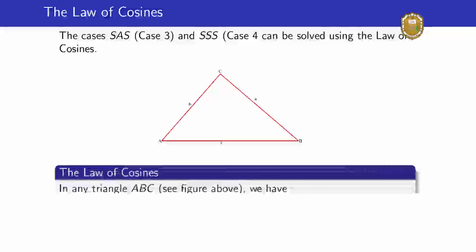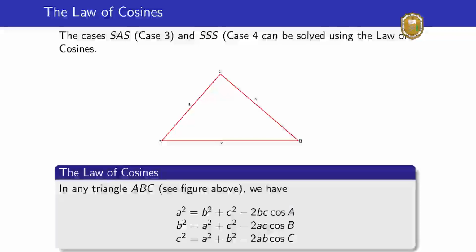The law of cosines says, in any triangle ABC, see the figure above here, we have 1, that a square is equal to b square plus c square minus 2bc times the cosine of A. 2, b square is equal to a square plus c square minus 2ac times the cosine of B. And lastly, c square is equal to a square plus b square minus 2ab times the cosine of C.